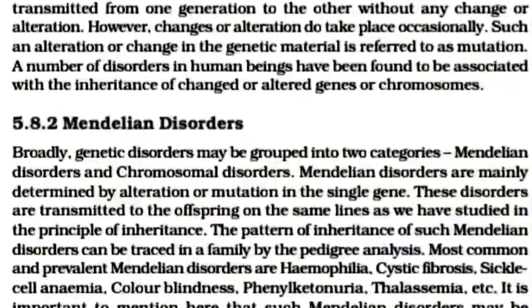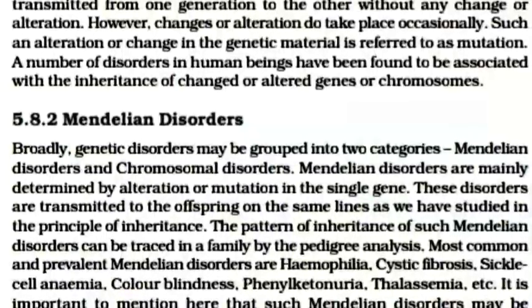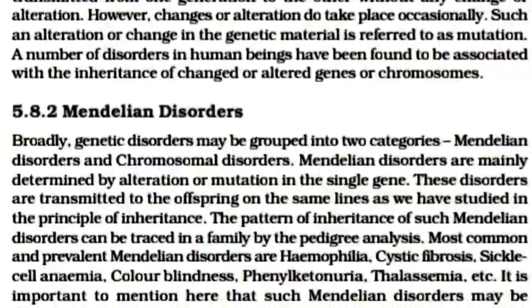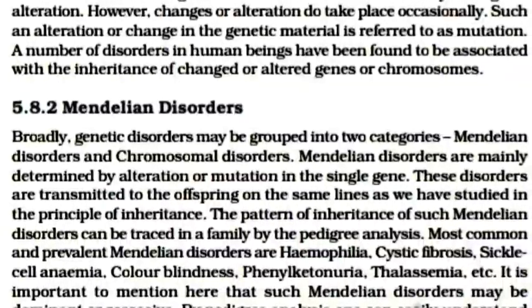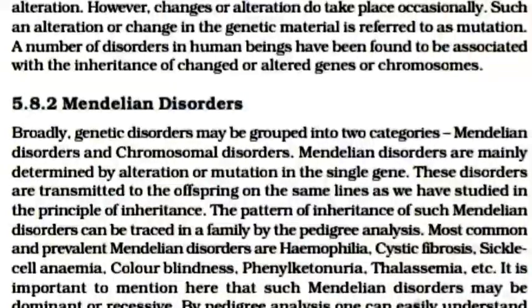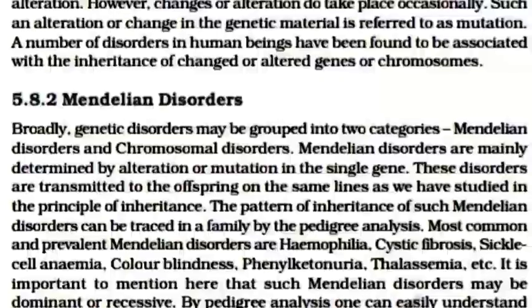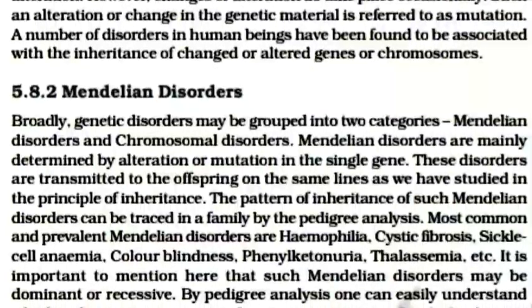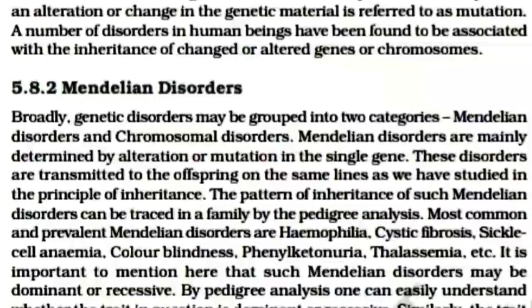However, change or alteration does take place occasionally. Such an alteration or change in the genetic material is referred to as mutation. A number of disorders in human beings have been found to be associated with the inheritance of a changed or altered gene or chromosome.